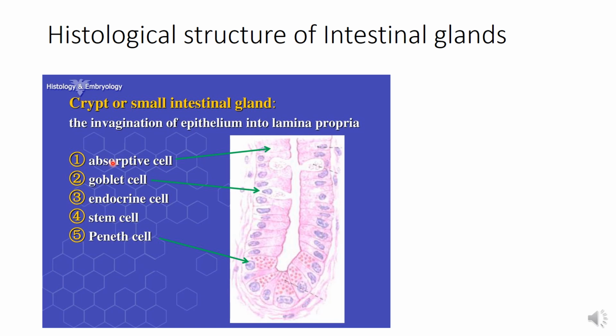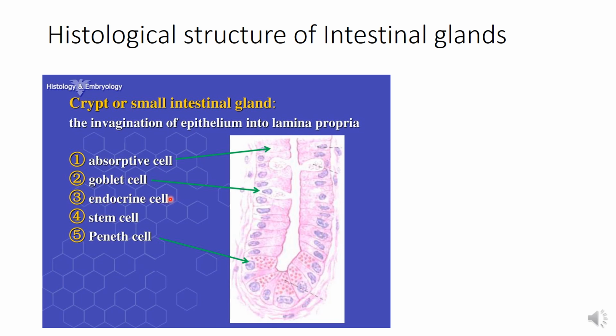So the histological structure of the intestinal glands, these are also known as crypts of Lieberkühn, and they are formed by the invagination of the epithelium into the lamina propria. The intestinal epithelium contains six types of cells: enterocytes or the absorptive cells, and the goblet cells, which we have covered in the previous lecture.